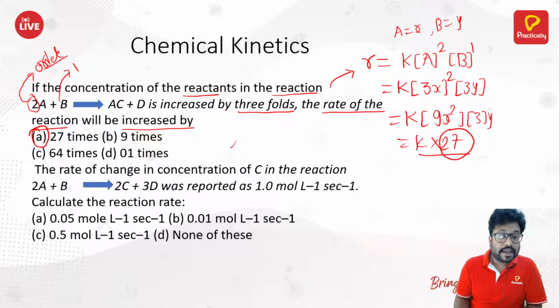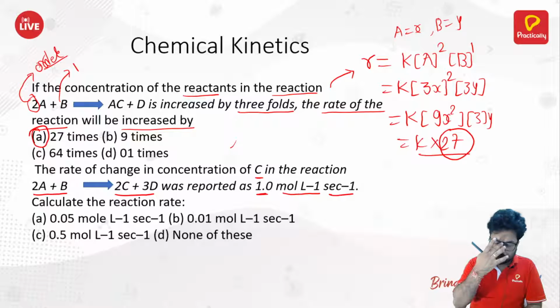Okay, next, the rate of change in concentration of C in the reaction 2A plus B gives 2C plus D was reported as 1 mole per liter per second.